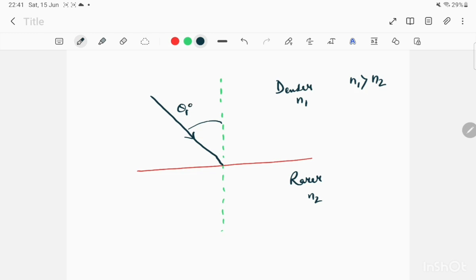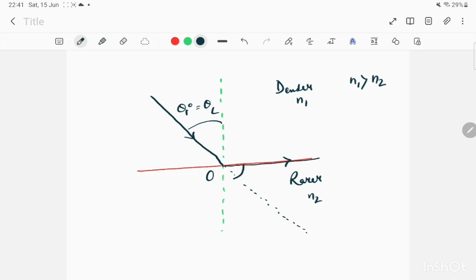Why special? Because if the ray of light is incident at such an angle, and this is an undeviated ray of light, it should have traveled without deviating if there is no change of medium. But for a special angle called the critical angle, what happens? The ray of light moves like this.